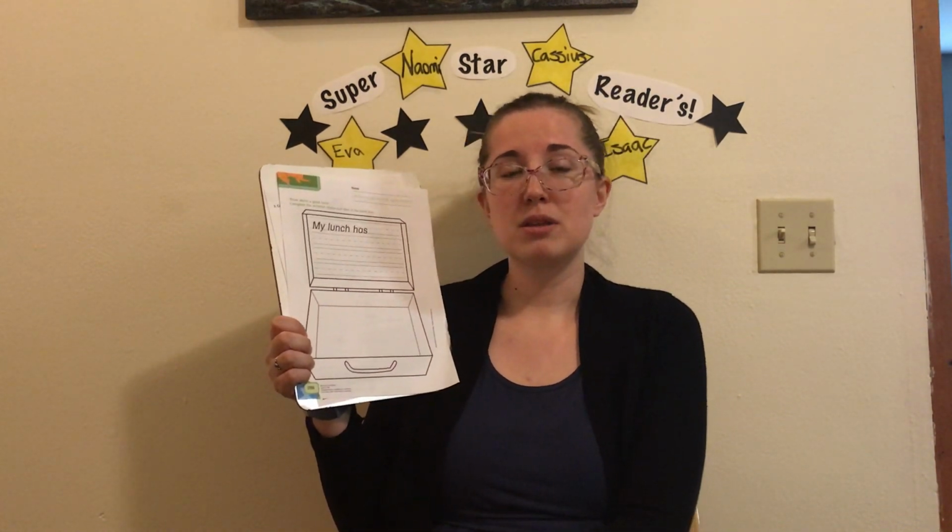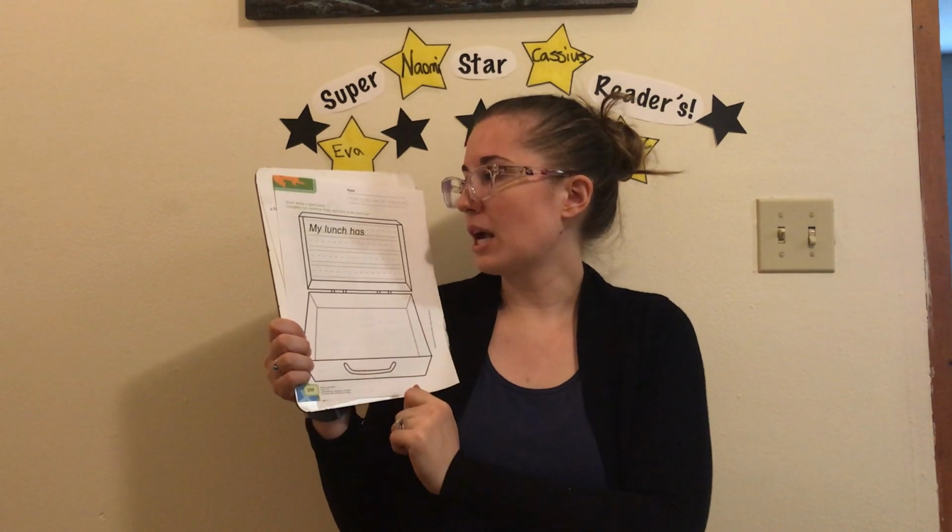Whenever you're done with that, you can draw in what you're having for lunch here. Maybe you have a sandwich with a banana and a glass of milk. Then you would put all of those things in there, and you'd write, my lunch has a sandwich, milk, and a banana, period. That is it for your phonics.